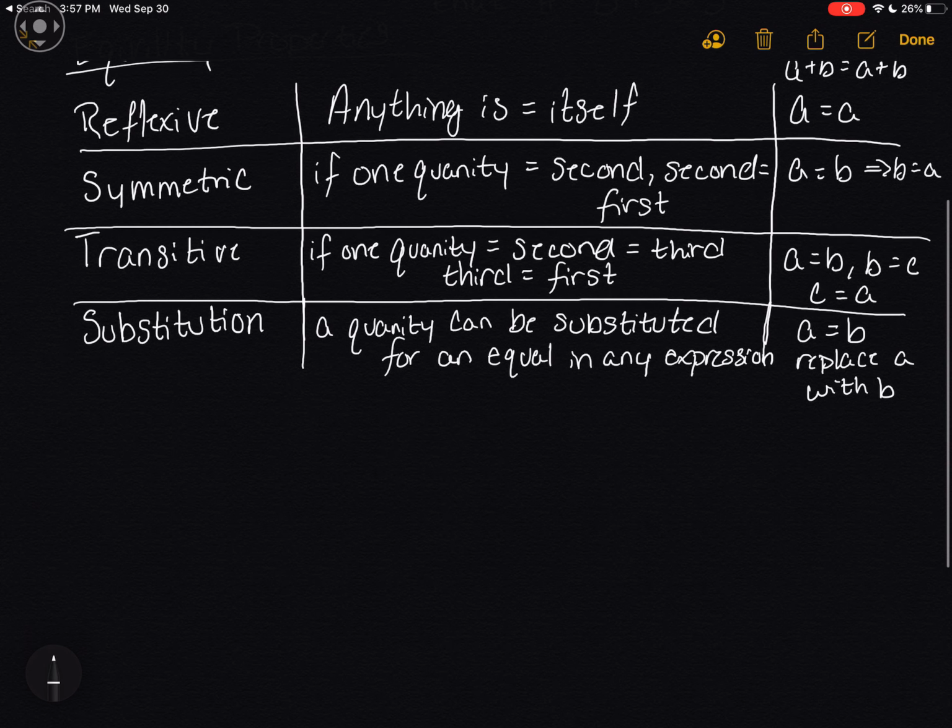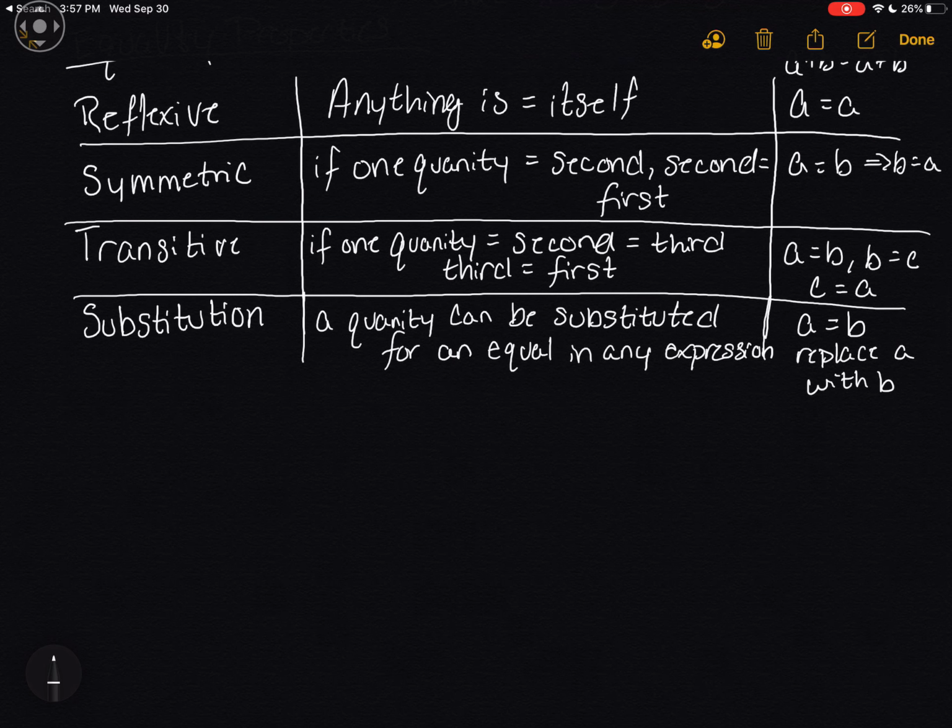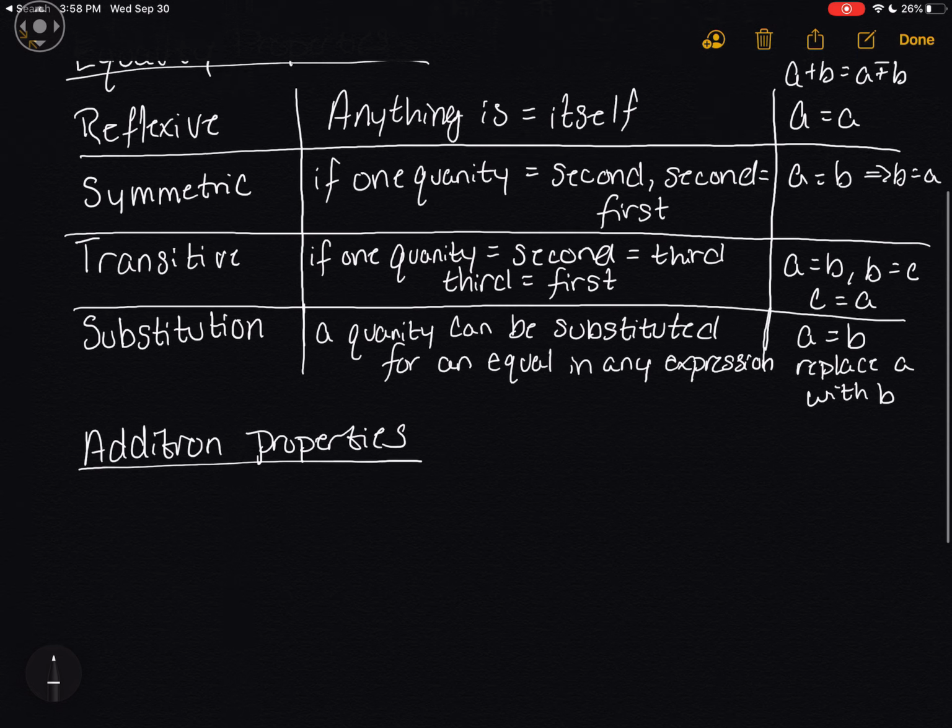So then we have those additive properties. So we have the additive identity, which is what we just talked about.